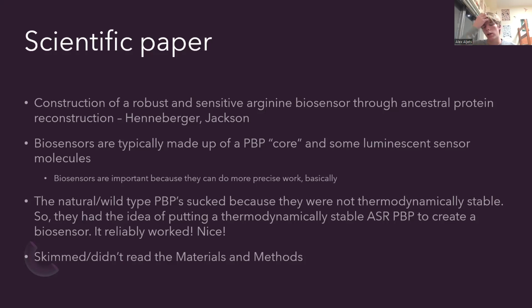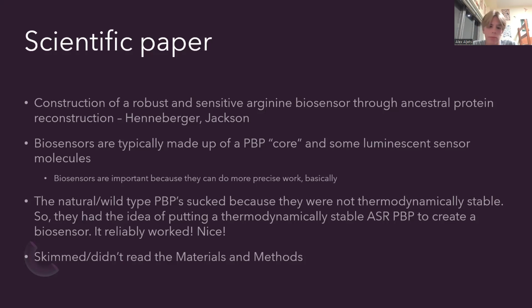They called it scaffolding a lot, which I thought was a pretty solid way of putting it. So what if we made it out of an ASR protein? It worked. They went through a little bit of troubleshooting, it seemed like, and it works really well.